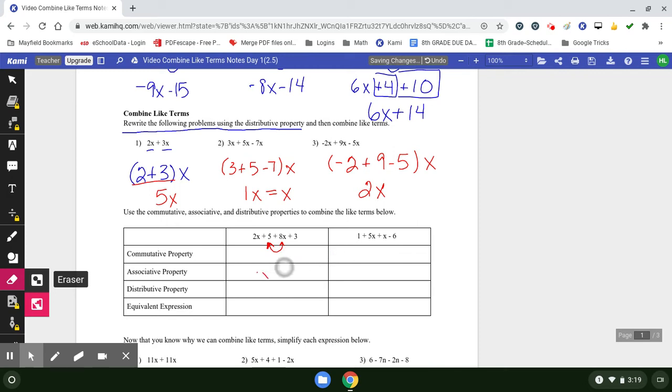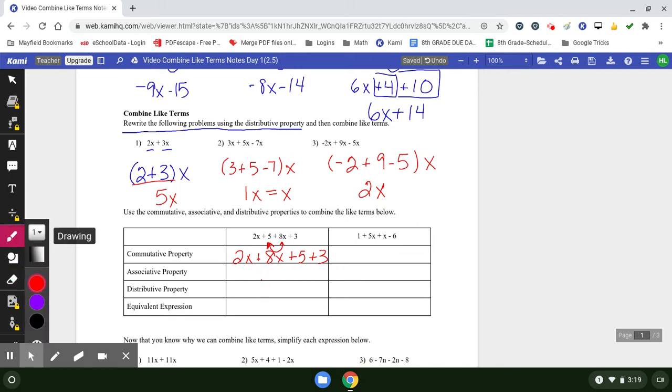Actually, I just messed that up. Let me fix that. I want to switch them, which I did not do the first time. So it should be 2x plus 8x plus 5 plus 3. Now I switch them using the commutative property. So I just switched the 8x and the 5.